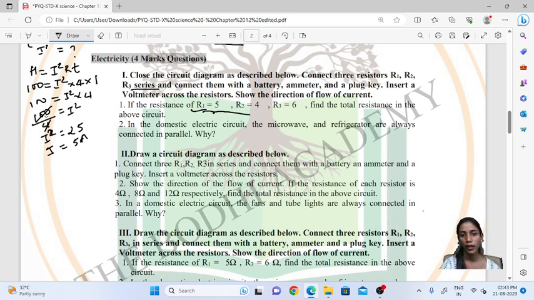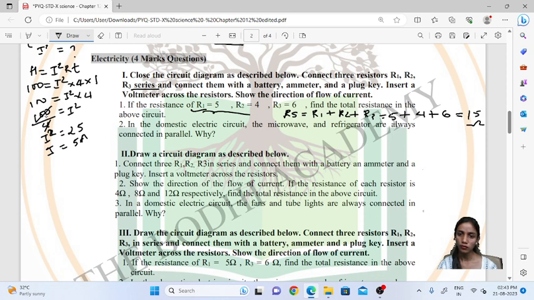So in series, what is the formula for total resistance? Rs equals R1 plus R2 plus R3, which equals 5 plus 4 plus 6, which equals 15.